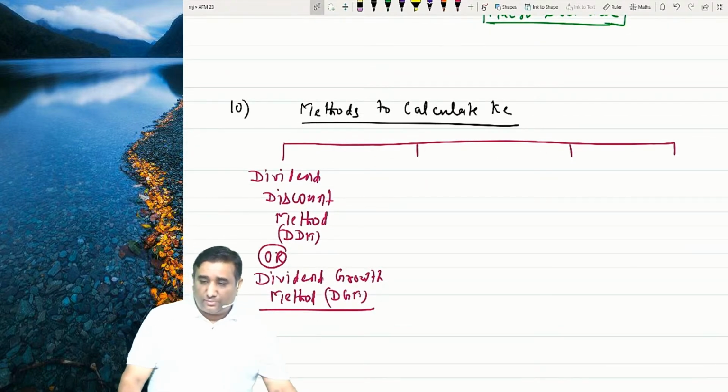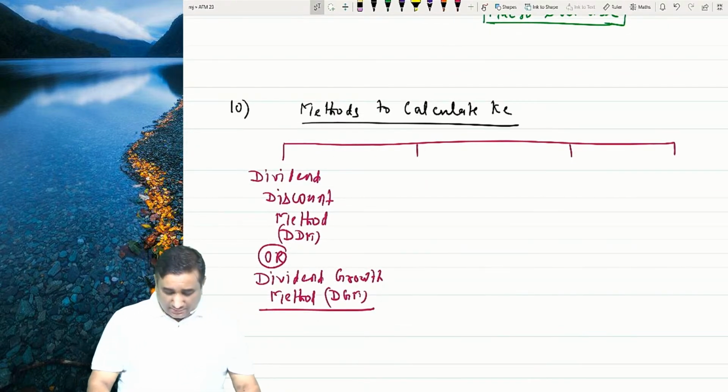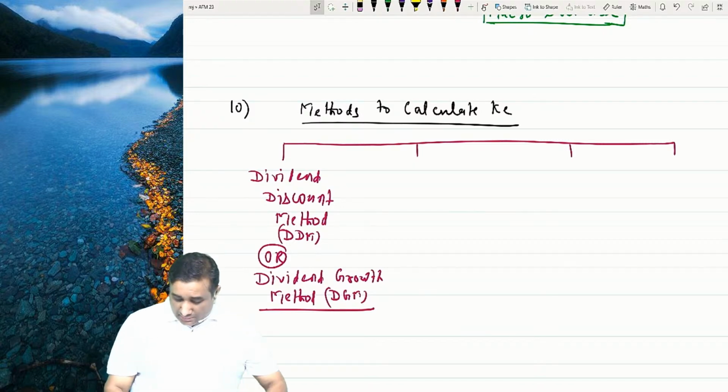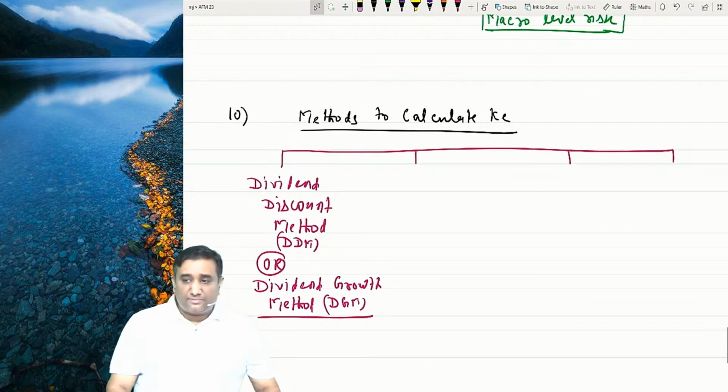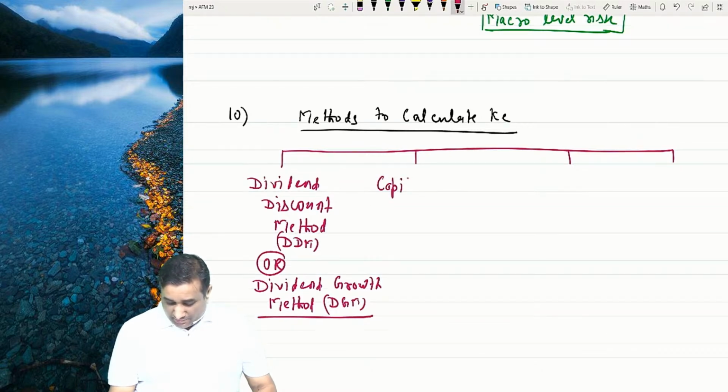One of the most important formulas. In fact, you had the full dividend chapter in your inter-level. Second was, you might have touched it but may not have done it very aggressively, the capital asset pricing model, CAPM.